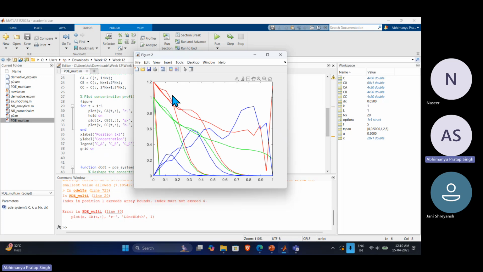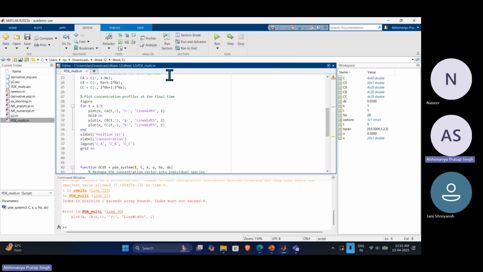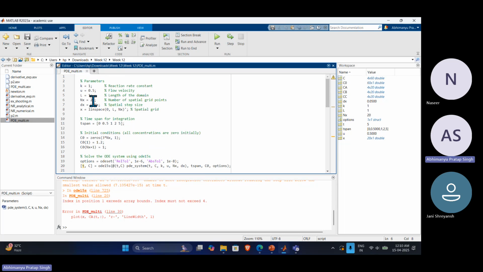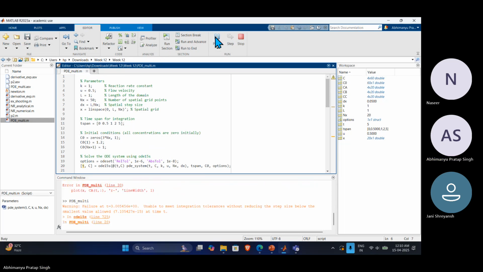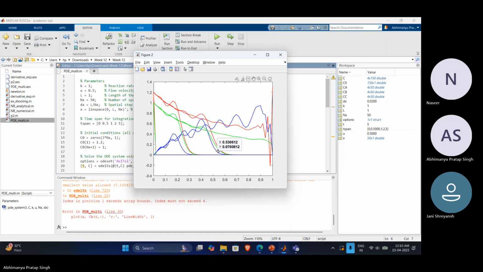So if I do it for a large number of nodes, initially for backward difference I was getting smooth plots for each of them. For central difference, I start to get these oscillations around those points, right? So this means for such advective problems, backward difference is generally used.